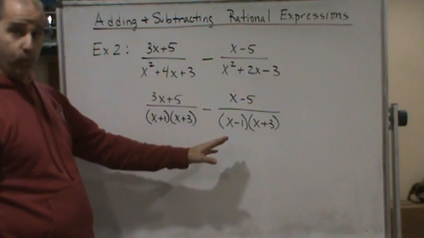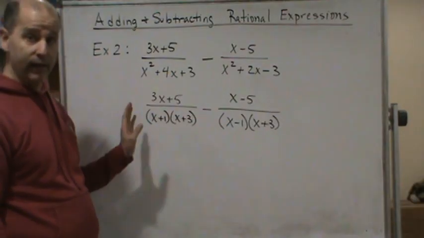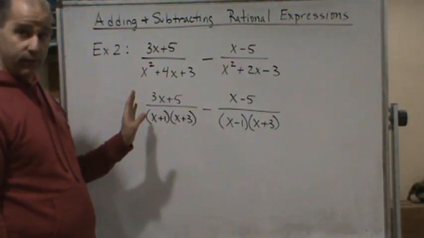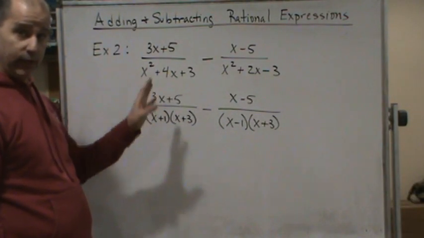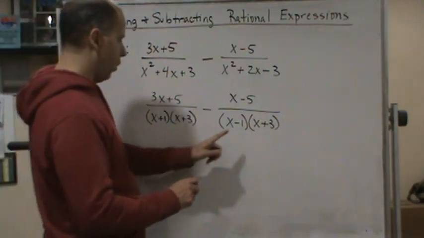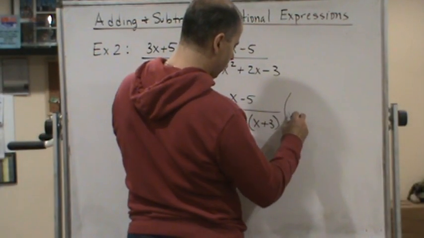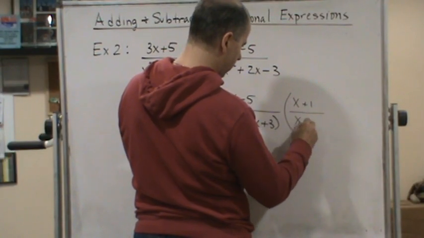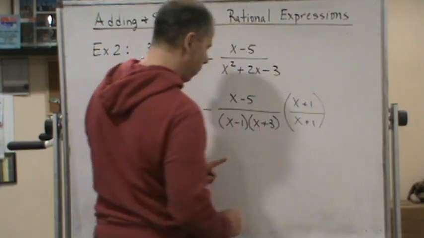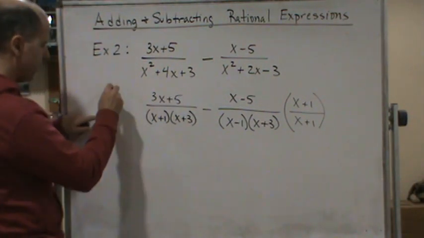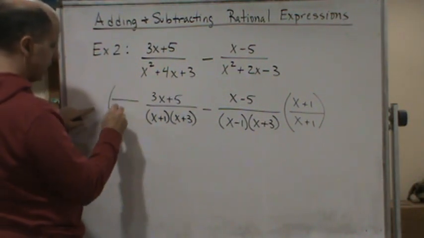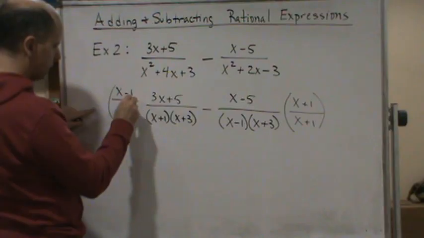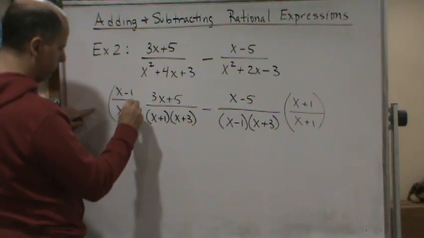If we multiply the top and the bottom by the factor respectively, we'll get the same thing. So over here, I'm going to multiply by x plus 1 over x plus 1. And over on this side, I'm going to multiply the top and the bottom by x minus 1 over x minus 1.